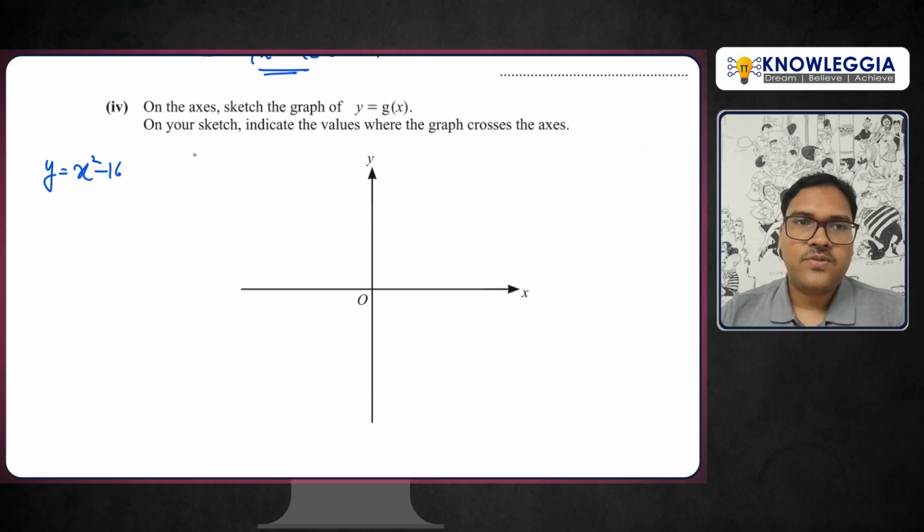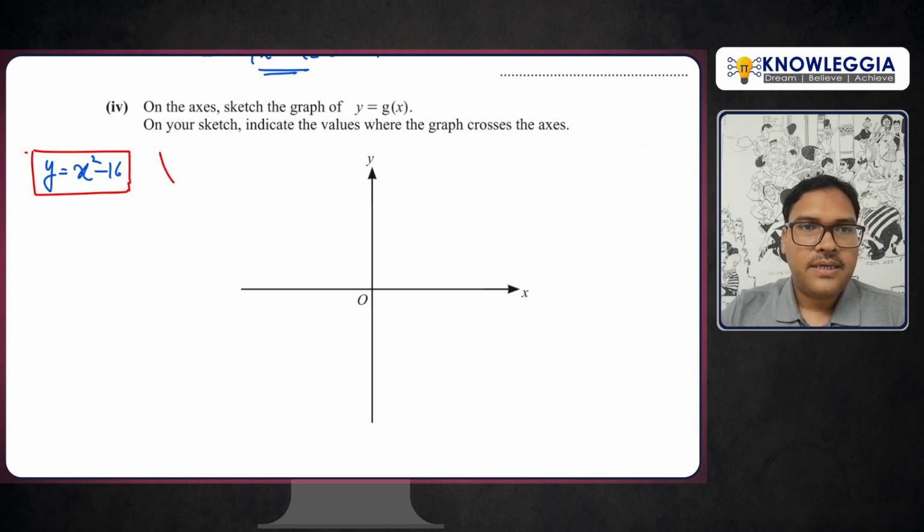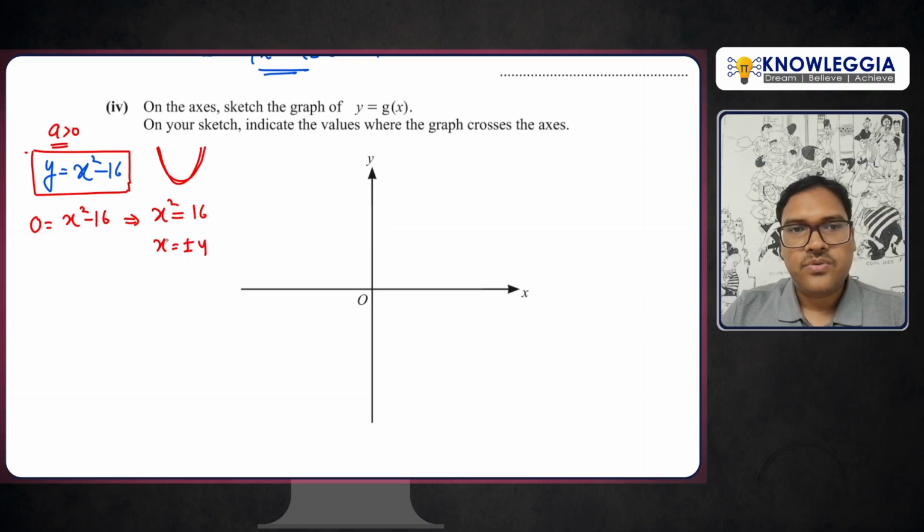And to draw the graph of x squared minus 16, first thing is this is a quadratic, so this will be a parabola like this, of upward-opening shape, because the coefficient of x squared is positive, right? And you can clearly see what the intercepts are. y is equal to 0 when x squared minus 16 is 0, or x squared equal to 16, or x equal to plus minus 4.